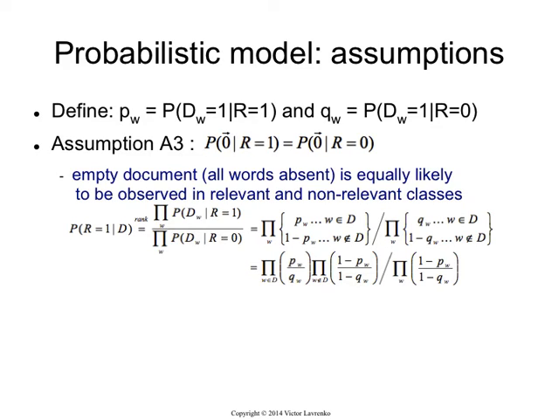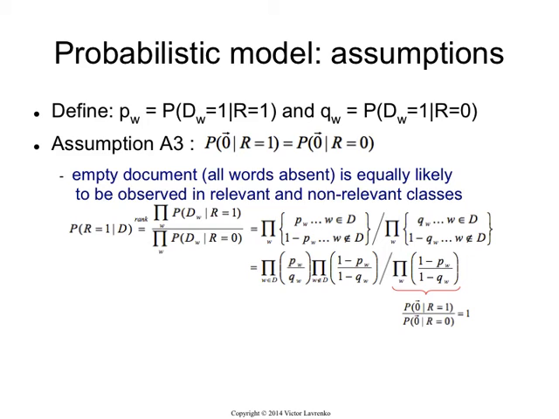So all words are not present in that document. Similarly, the denominator is the probability of an empty document under the non-relevant class. So this product is really just the ratio of the probability of an empty document under the relevant class to the probability of the empty document under the non-relevant class. And we know that those probabilities are equal. Why do we know that? Well, because we assumed that. And if we assumed that, this means that the ratio must be 1. And I can divide by 1 all I want.